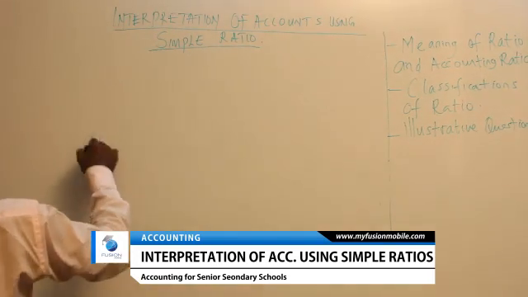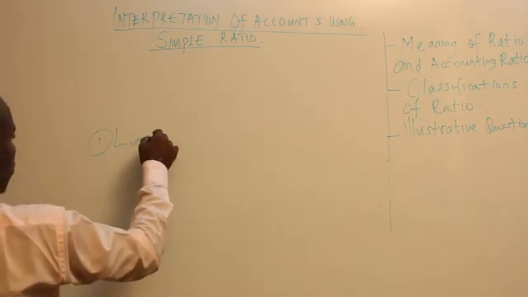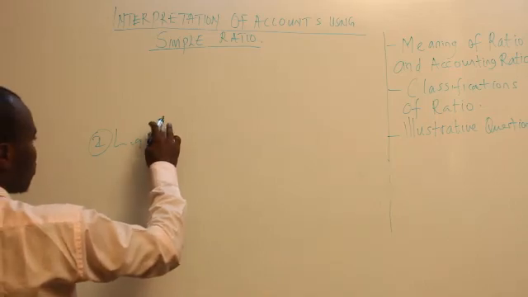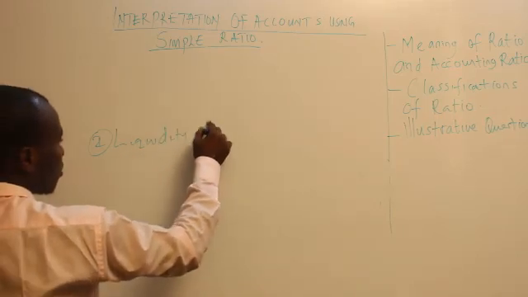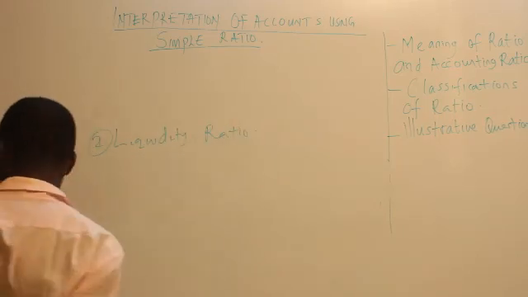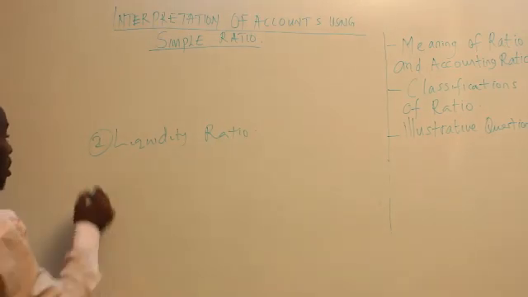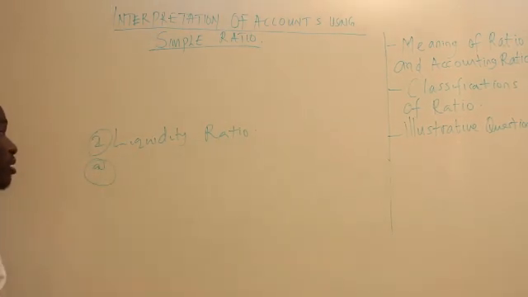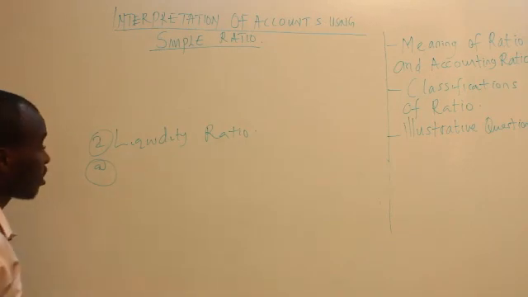So we have the liquidity ratio, which is the second one. The liquidity ratio shows the short-term obligation of the organization.